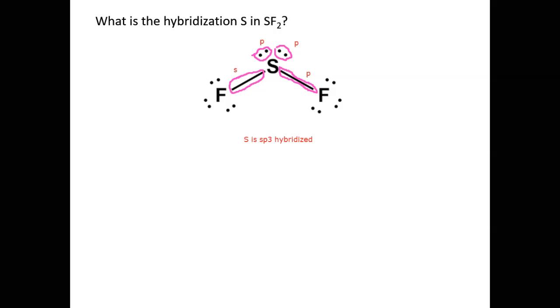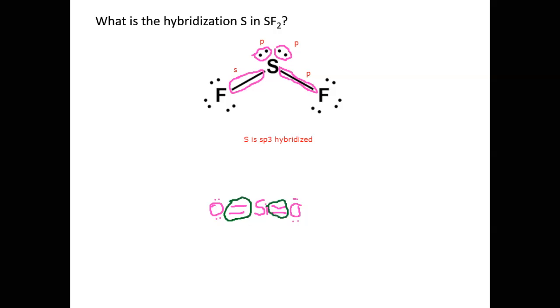Now, if I draw another one below it, just for comparison, let's say we have silicon dioxide. And so with silicon dioxide, we count double bonds as one electron pair. So this is 1, this is 2.